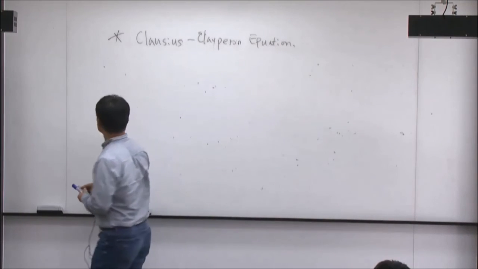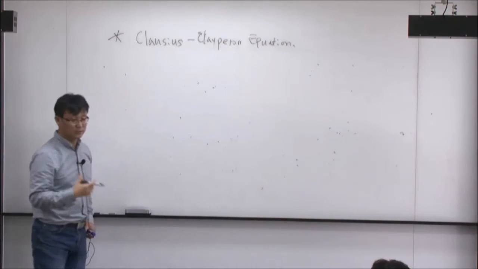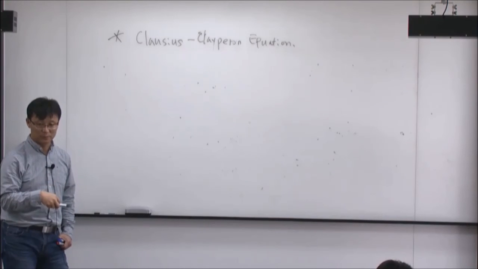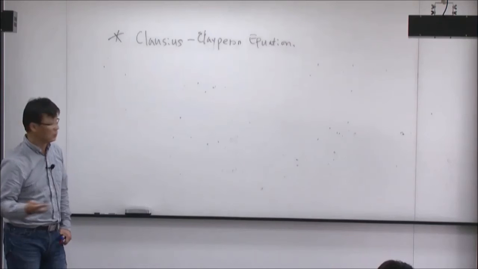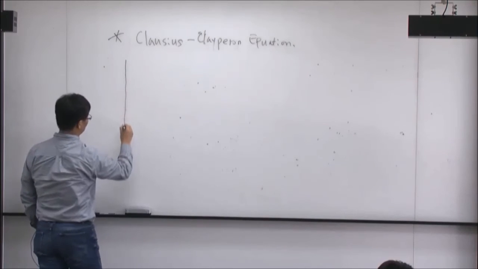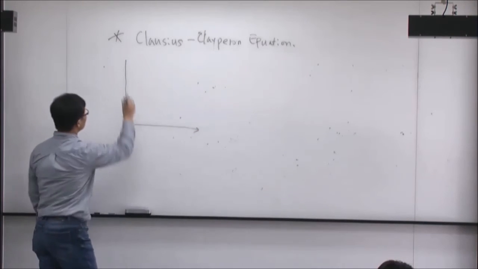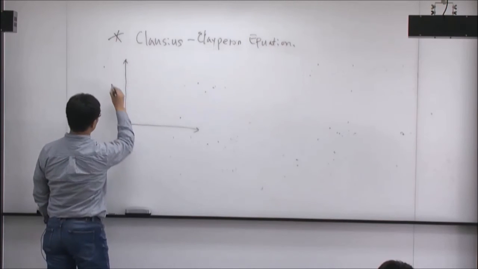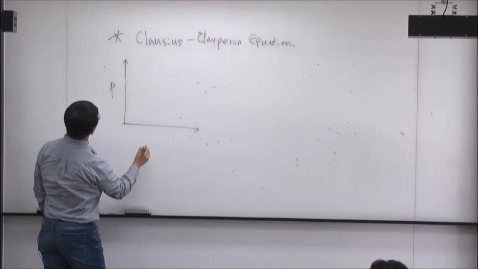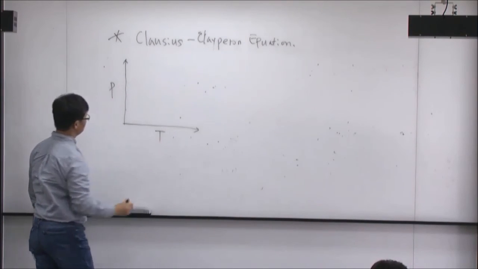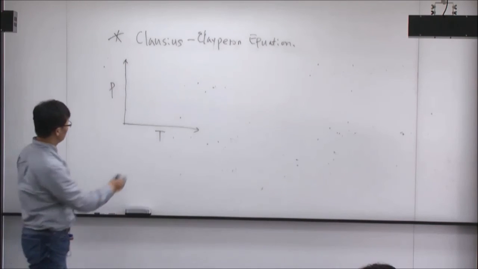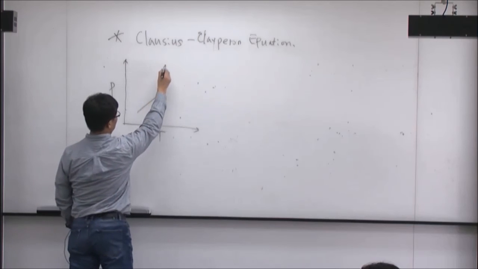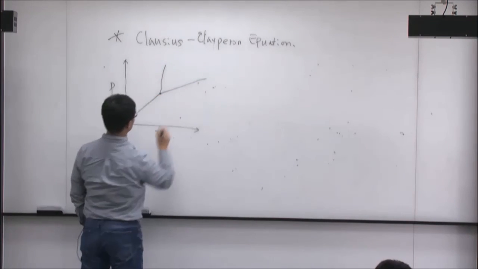So typically when you have any kind of phase, let's assume we have the magnesium phase. Magnesium has solid, liquid, and gas phases. So if one draws the phase diagram, it's a P-T diagram. Typically when you have solid phase, liquid phase, and gas phase, it will be like this.